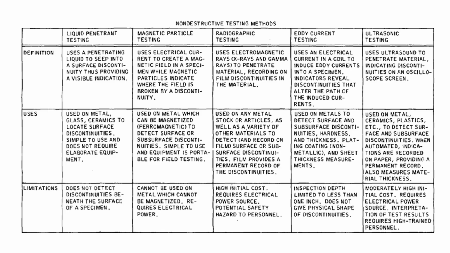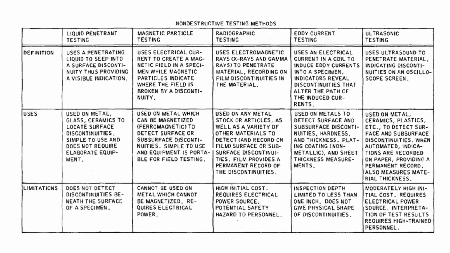For the 5 methods other than visual that we talked about, I pulled this out of a military manual, and you can see where they're explaining the non-destructive test methods, and we've got a definition of what it is, uses, and then the limitations. All of these have limitations, and we'll get into that in a little bit.